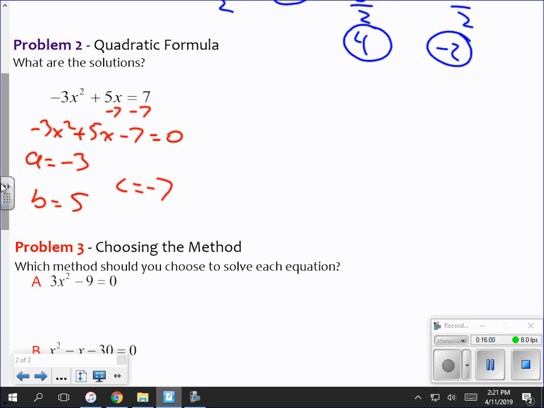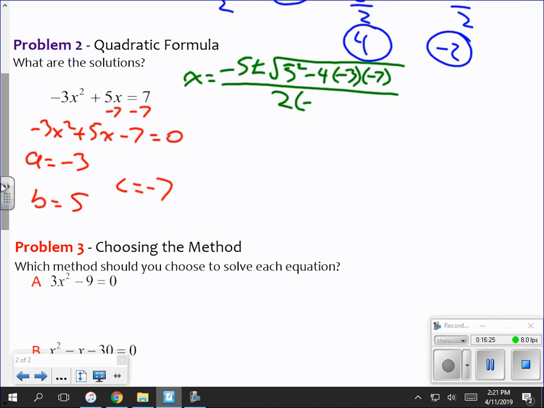All right. So, first step, like I said, write down the A, B, and C. Or write down the formula. X equals minus B plus or minus the square root of B squared minus 4 times A times C, all divided by 2 times A. So that should be your first step, just writing it all down.